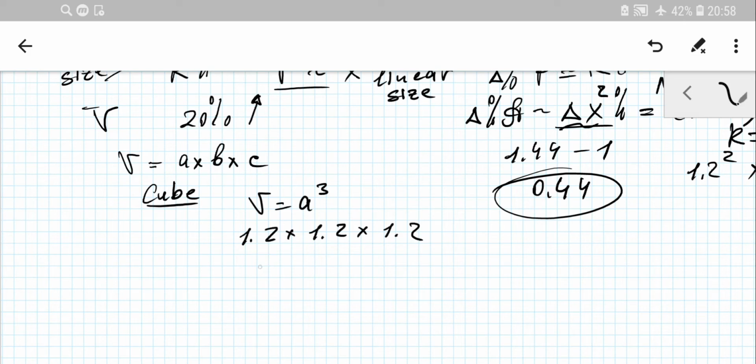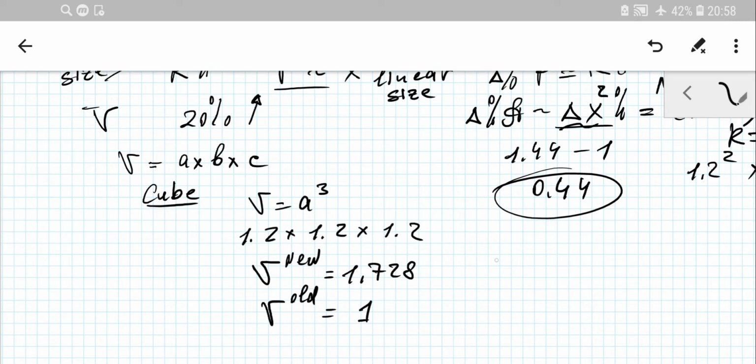In this case, if you calculate, the new volume becomes 1.728. And if you take the difference, the old one is simply 1, right?